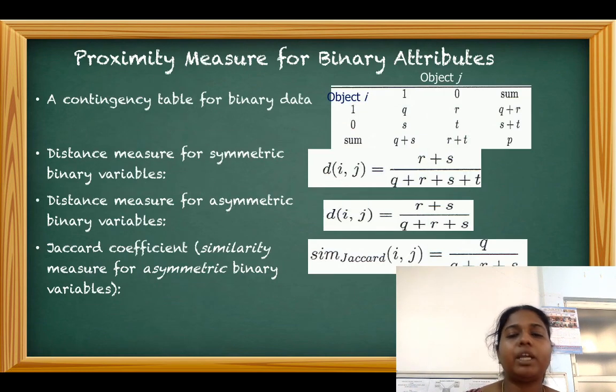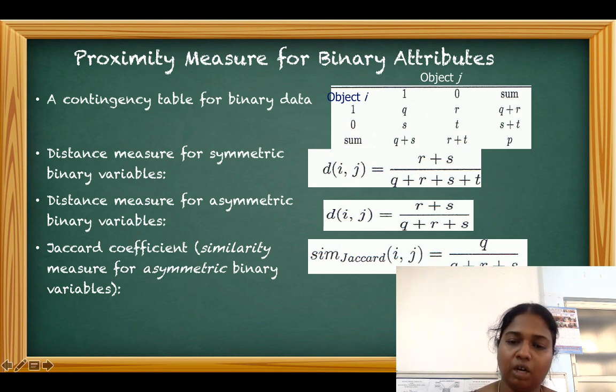And if the variables are asymmetric, then dij is equal to r plus s by q plus r plus s, which is given in the second formula. These two are dissimilarity measures, or the distance between two different objects. If I want to calculate the similarity, it is called the Jaccard's coefficient for asymmetric binary variables, given in the third formula.